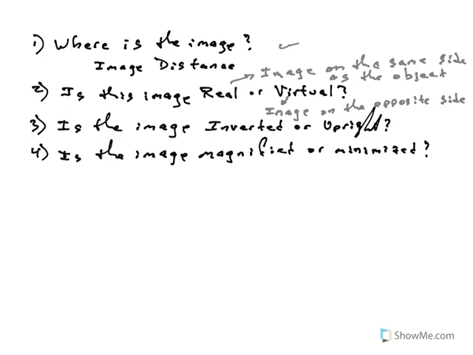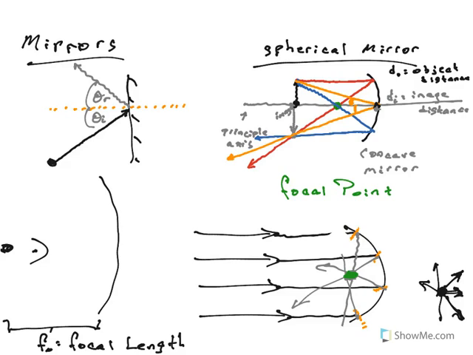And then lastly, is the image magnified or minimized? Again, you look at your two arrows. When you draw these arrows, of course, you're going to be as accurate as you can. So when you get out your ruler, you'd measure, okay, well, how big, for instance, is this object arrow?